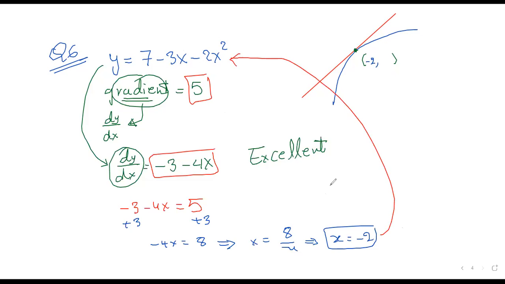We substitute into the equation to find the y. So y equals 7 minus 3 times negative 2 minus 2 times negative 2 squared. 7 plus 6 minus 2 times 4, minus 8. That's 7 minus 2, that's a 5. So the y coordinate is 5.